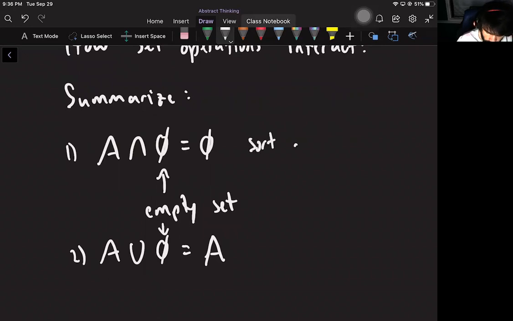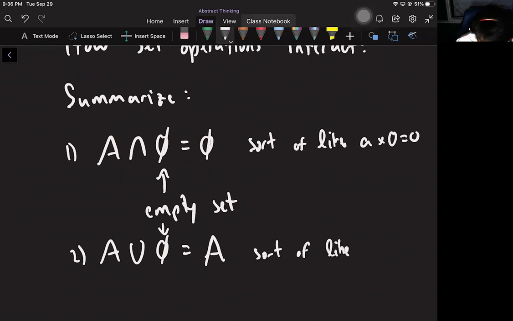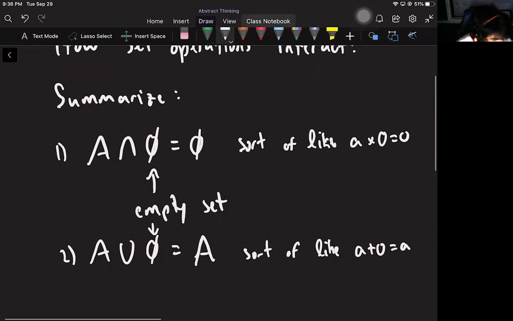So this is sort of like, I guess I should use a different symbol than X because it looks like times. A times 0 is equal to 0. And this is sort of like A plus 0 equals A. So it's not wrong to think of intersection of sets as being like multiplication between numbers, and union of sets as being like addition of numbers.